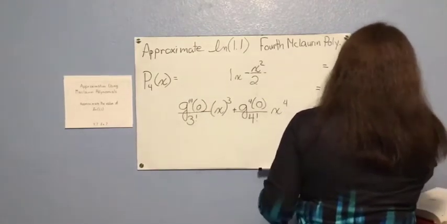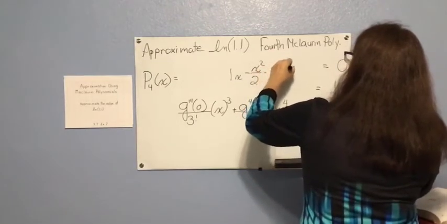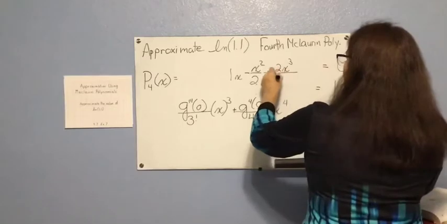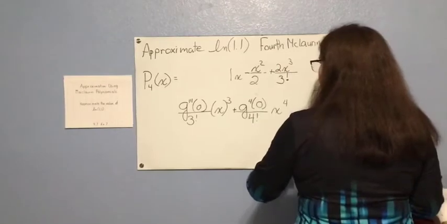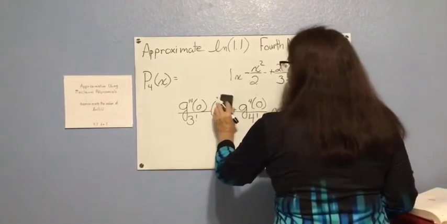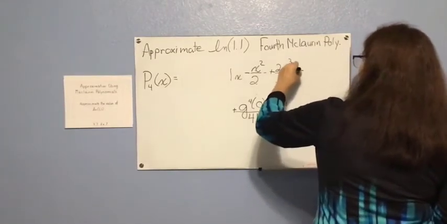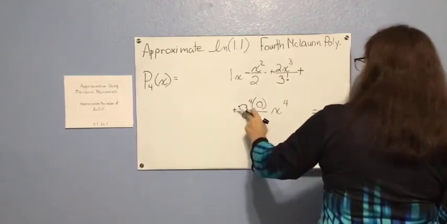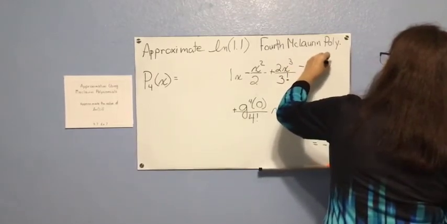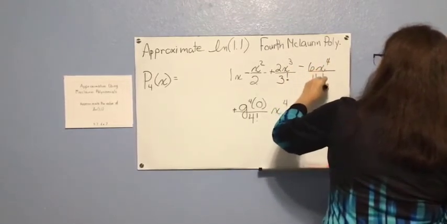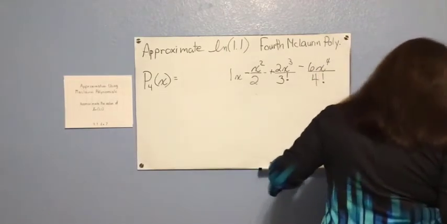Okay, third derivative is 2. So I'm going to have plus 2 x cubed over 3 factorial. That takes care of this term. And then my last term is going to be, fourth derivative is negative 6. So this is a negative 6x to the fourth over 4 factorial. Okay, so a lot less complicated now.